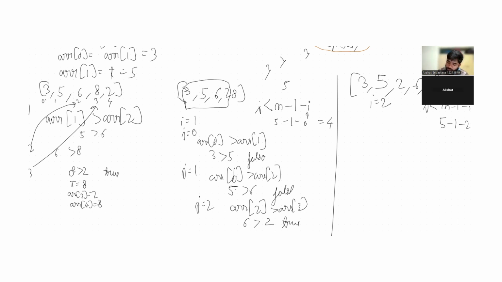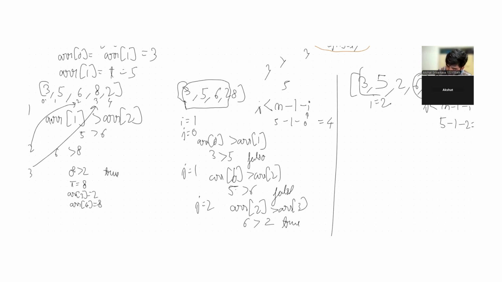It will now not check these two elements because they have reached their final position, and they won't be compared with anyone. We will perform the comparison for only these three elements.